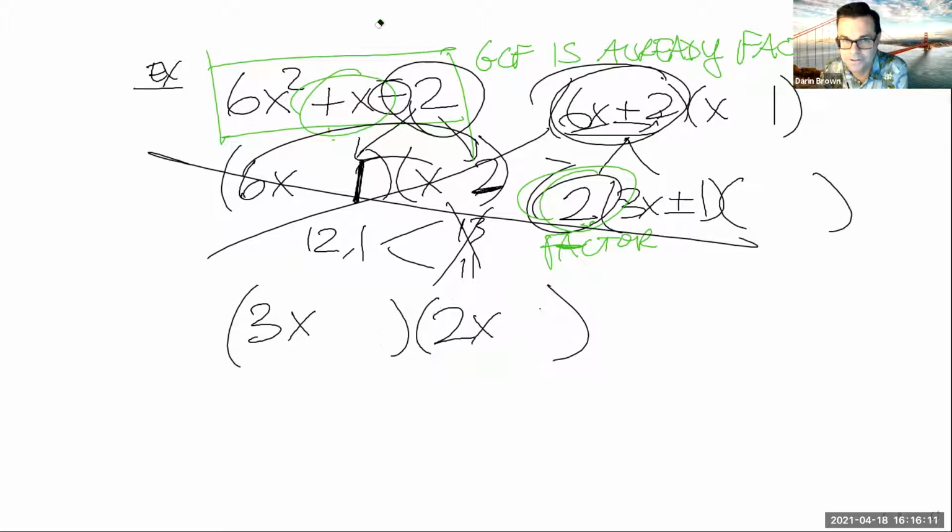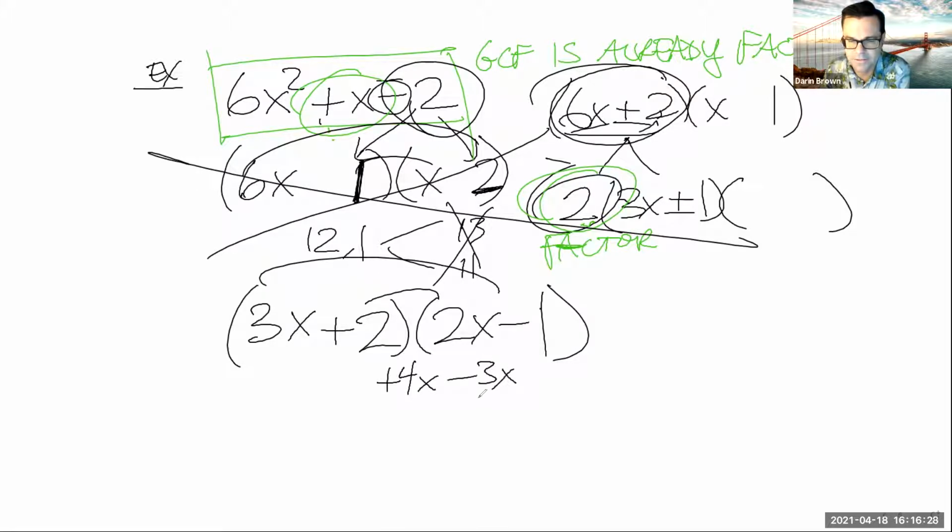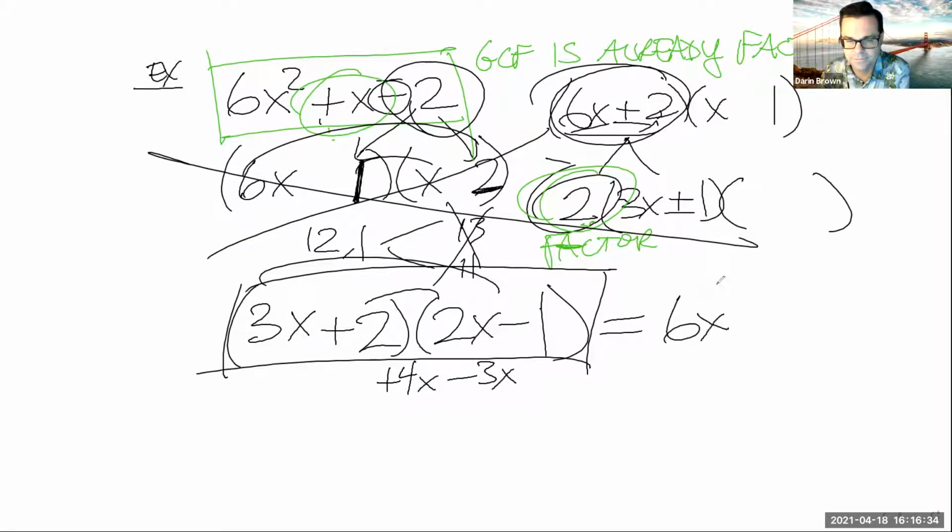So if there's going to be something that works here, it's got to be 2 and then 1. And in fact, I can do this because I'm trying to get positive 1. So I want more positive than negative. I'm going to put the positive here because it's going to make a positive 4x, and the negative here will make a negative 3x. So 3x plus 2 times 2x minus 1 will give me 6x squared plus x minus 2.